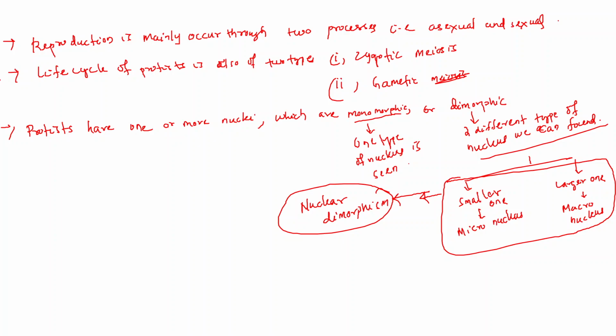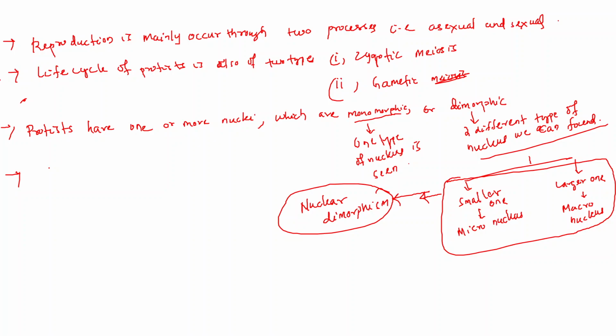Then in protists, another character is like, particularly in amoeboid protozoans, the cytoplasm is differentiated into two distinct regions. When we see the classification, we will study about the different protists.